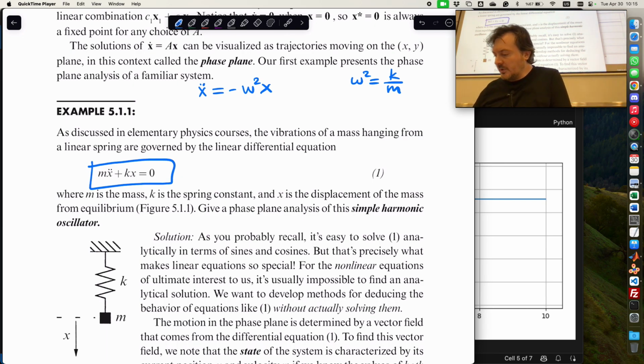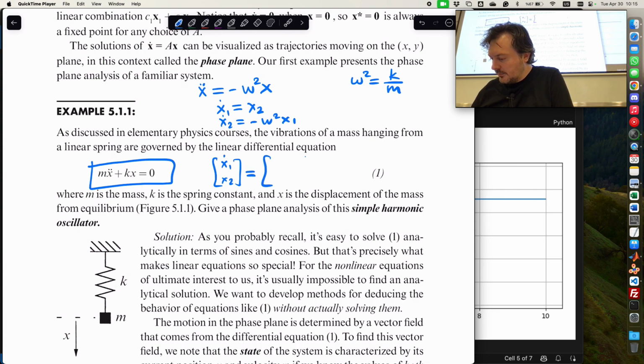Which means that you basically have x1 dot equals x2, and x2 dot equals minus omega squared x1.